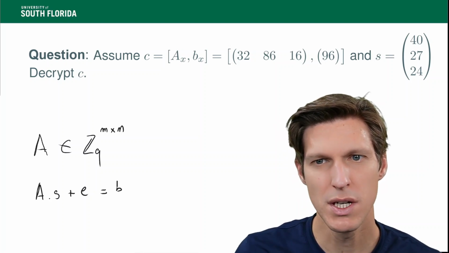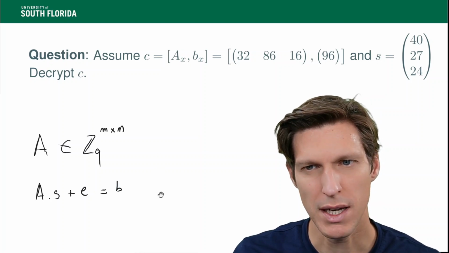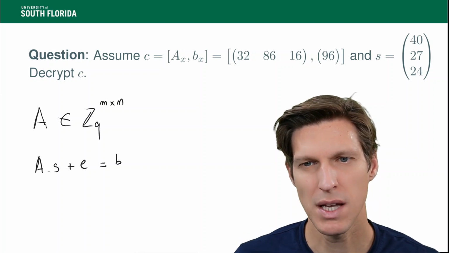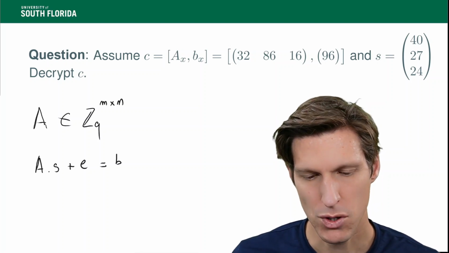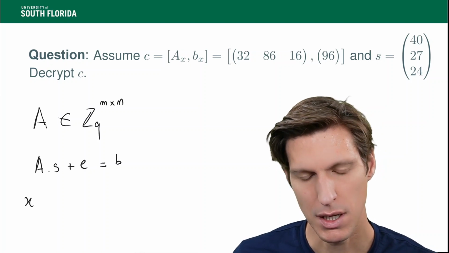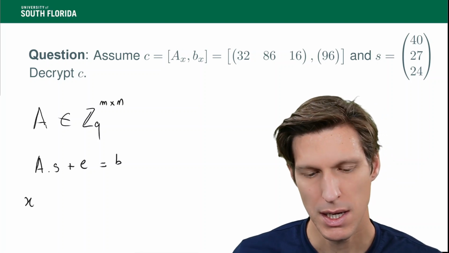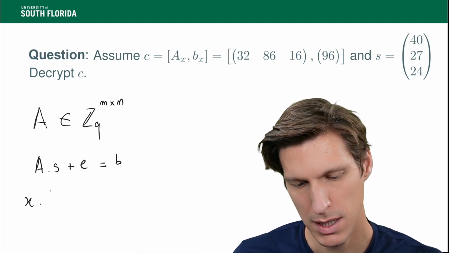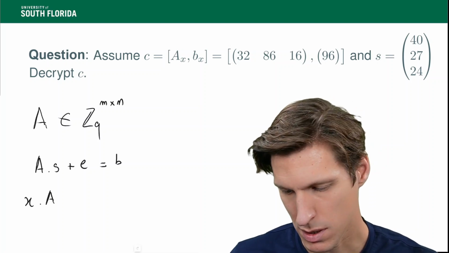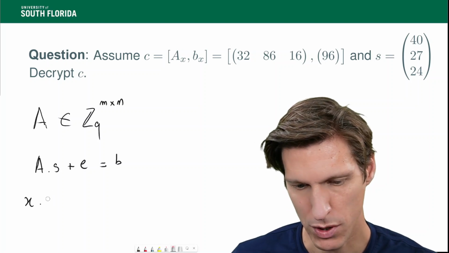What you do is you select a subset of the rows of A, and you just add them up, and the same thing for B. So let's say X is a vector with zeros and ones in Z_q to the m, and then you multiply that by A, my bad, you multiply that by B. What do you get?